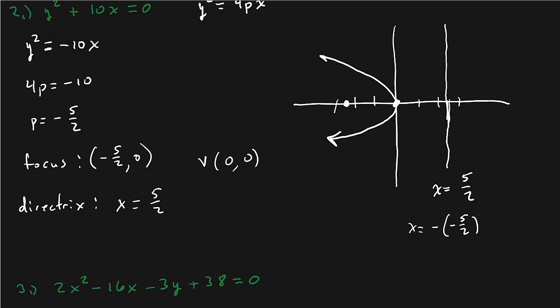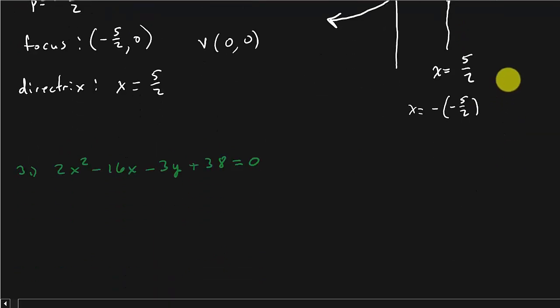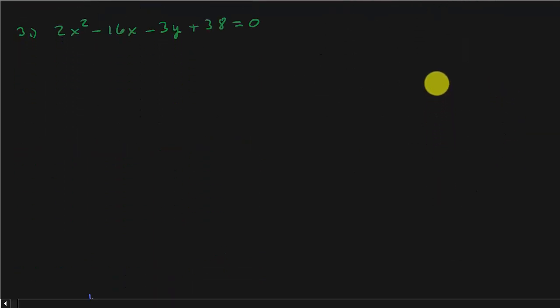All right, so let's look at this next problem. This one kind of looks funny, doesn't it? Notice here we've got an x squared term, but it really doesn't look like that form at all.